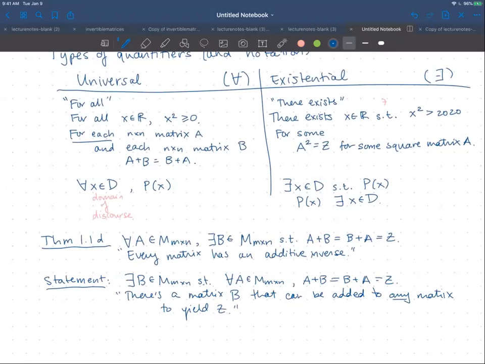And that's not true. Anytime I try to write down that matrix, I'm going to be able to come up with a matrix that I can add to it that's not going to be zero, right? So this theorem up here is true. We proved it, but this statement is false. There's not a single matrix that can be added to any other matrix to get the zero matrix.